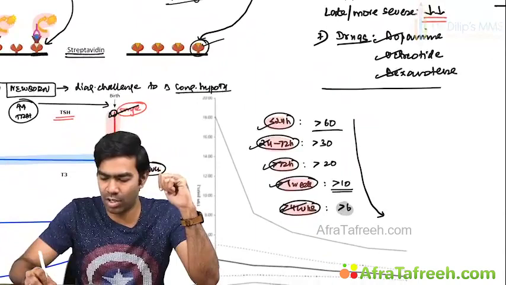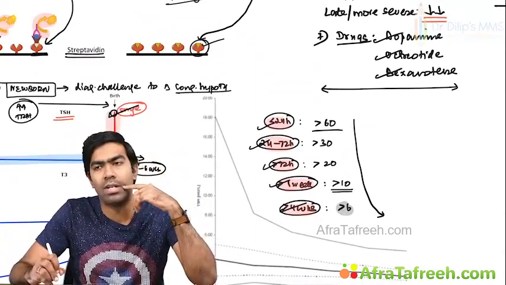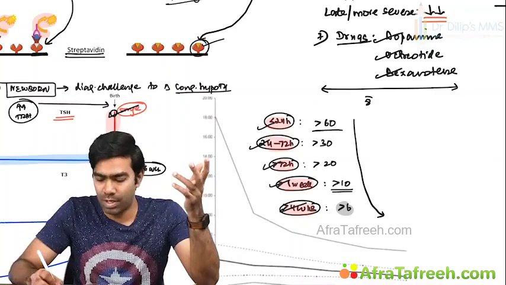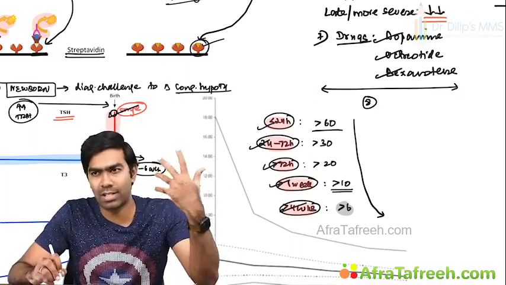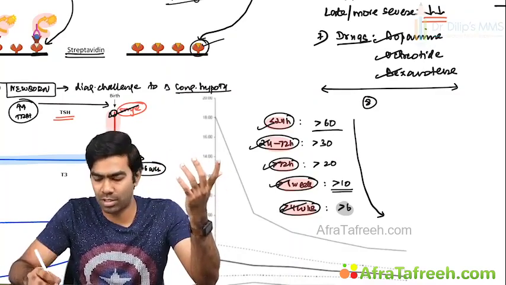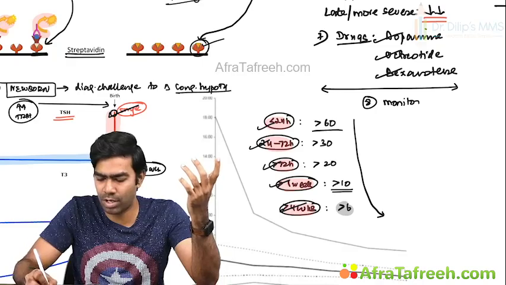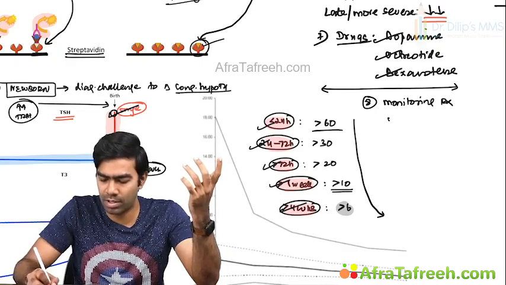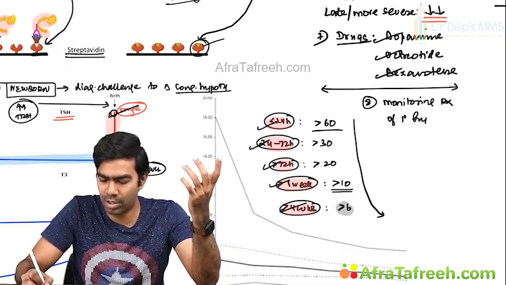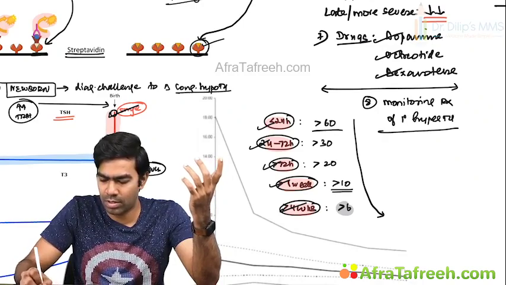And finally, this is not related to hypothyroidism, but there is one more point that can be considered a pitfall of TSH: monitoring treatment of primary hyperthyroidism. For primary hypothyroidism, for diagnosis as well as monitoring, TSH is excellent.